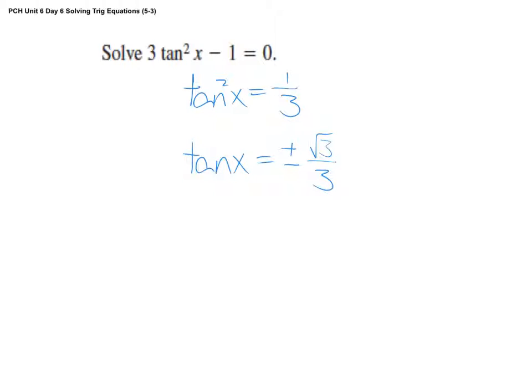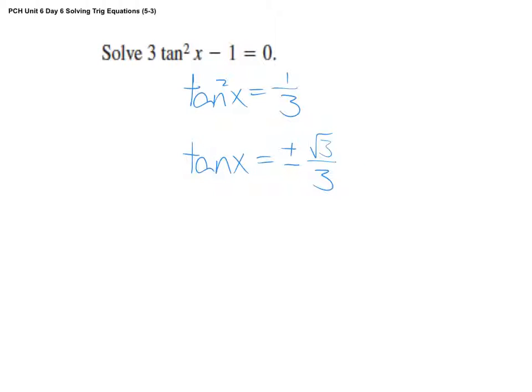Okay, so does anyone know the reference angle where we have a tangent of root 3 over 3? Sine equals 1/2, cosine equals square root of 3 over 2.